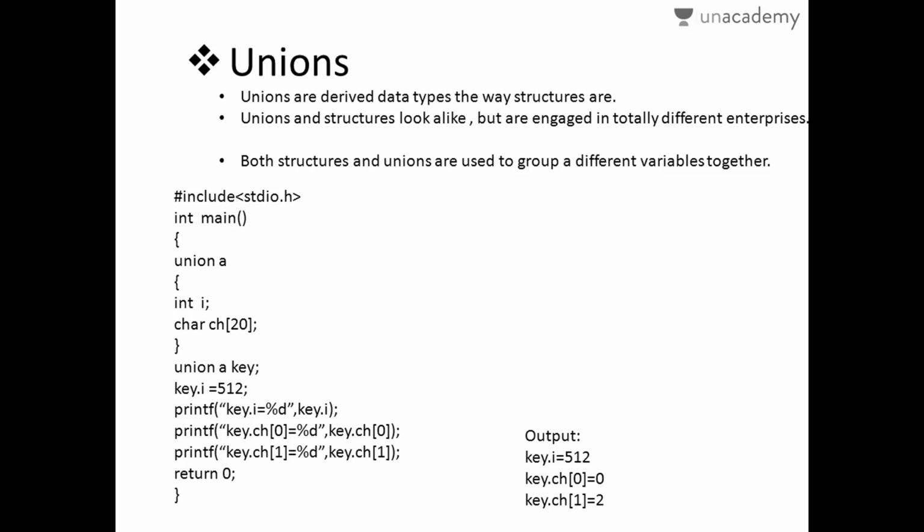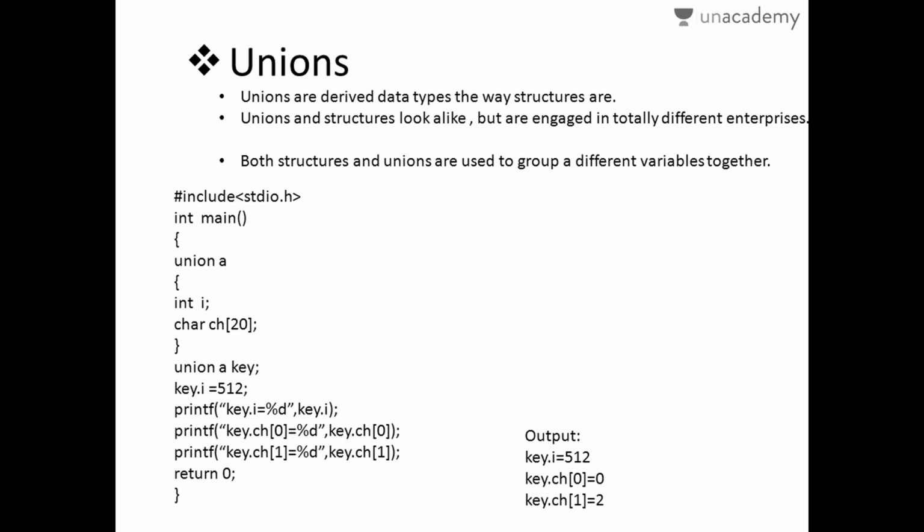Unions might be a very new topic for us, but just as we combine two or more structures into an array, a similar thing is done with unions: they store two or more different data types into one section.